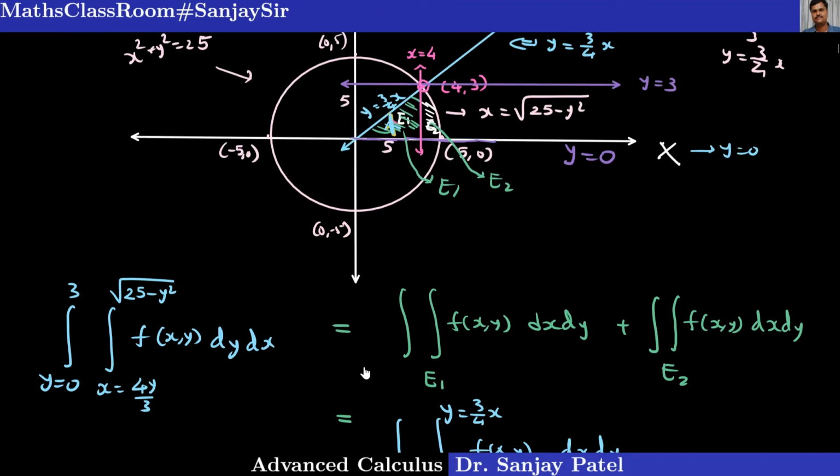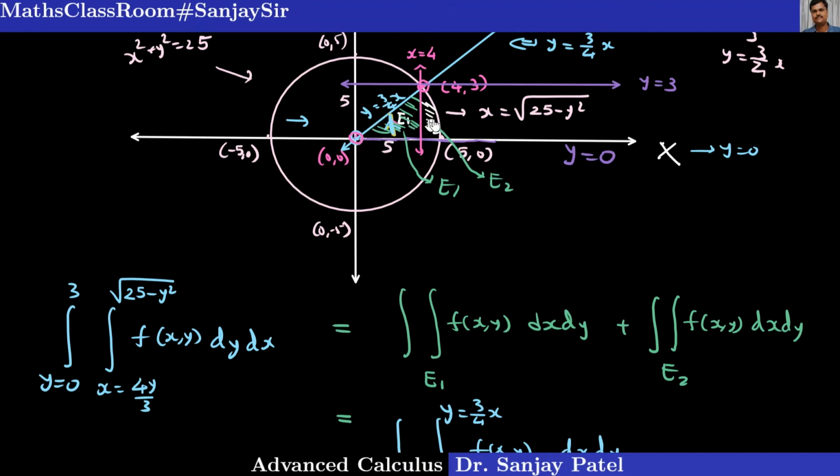Now, what is left in this triangular region, you have to think in this manner. You go from left to right and see what is the first point when you enter the region E1. This first point is the origin, given by 0, 0, so the minimum value of x when you enter the region E1 is 0.